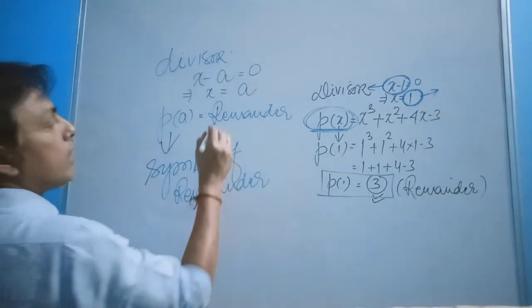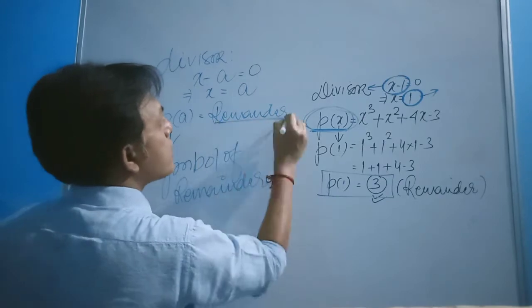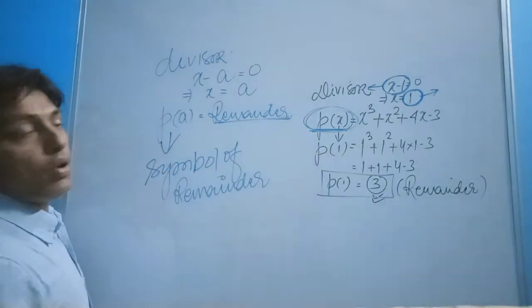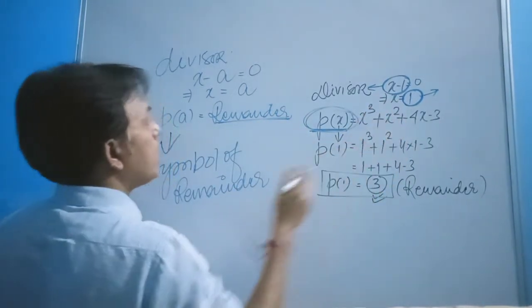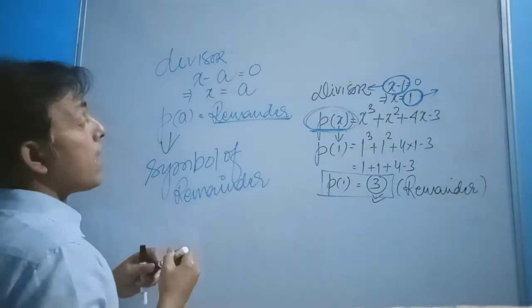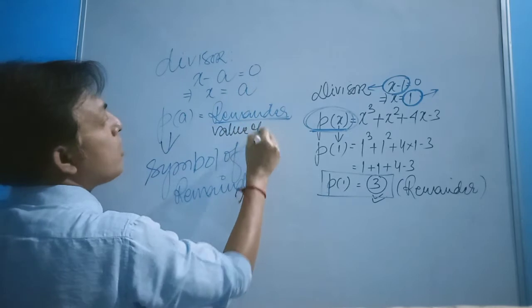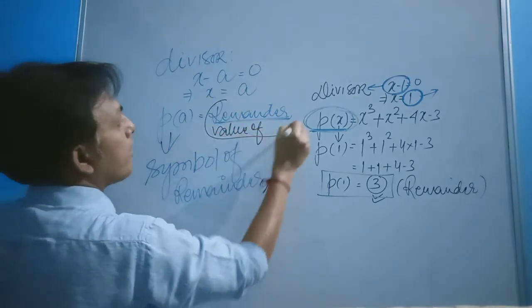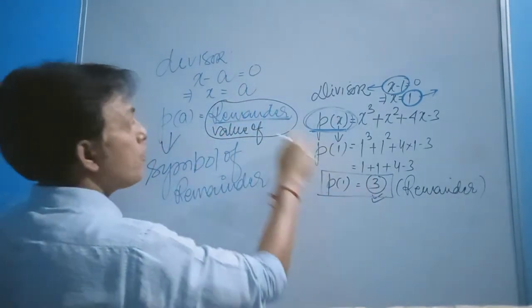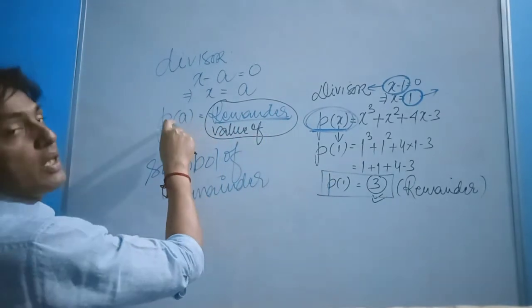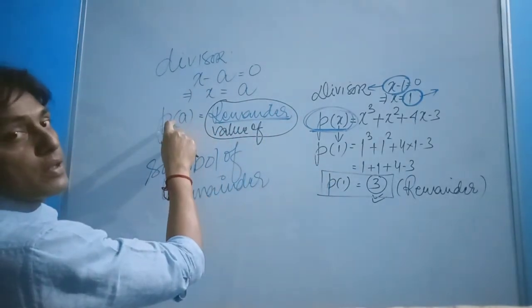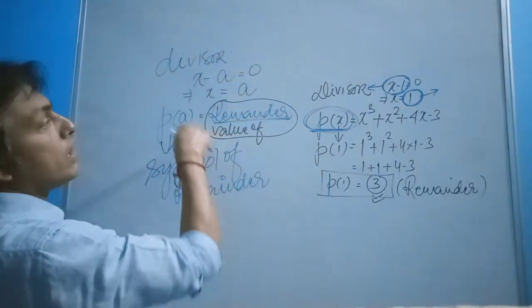Correct? And after substituting the value of x in the polynomial, this becomes the value of the remainder. So value of remainder, symbol of remainder. Correct? So this is the remainder theorem.